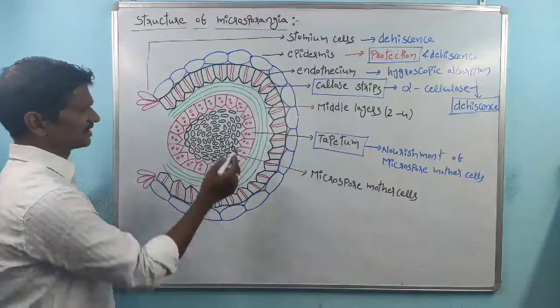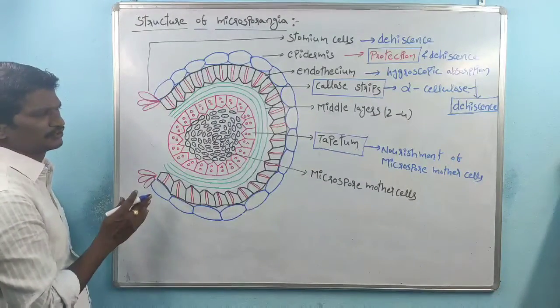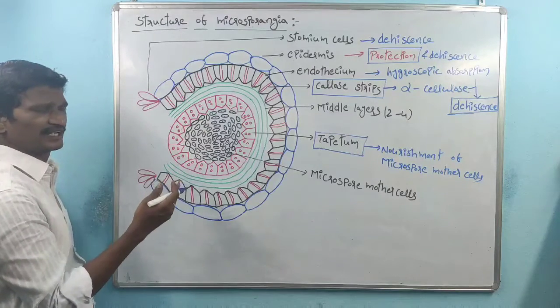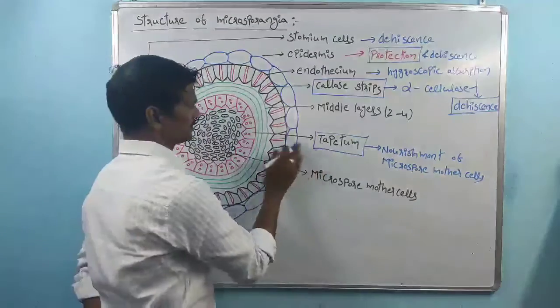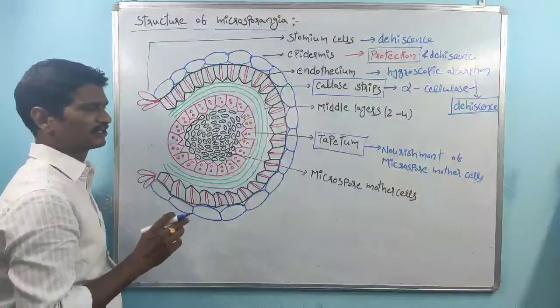The tapetum tissue is very special compared with the remaining tissues, because its structure is also different. We will discuss the parts one by one later. So the tapetum is a very special tissue involved in the nourishment of microspore mother cells.